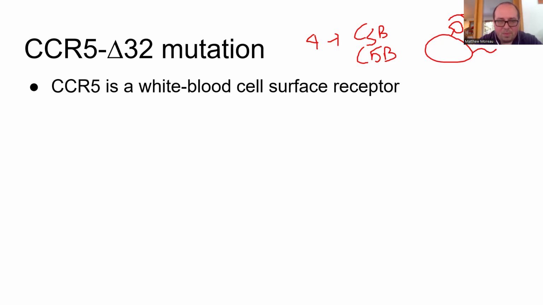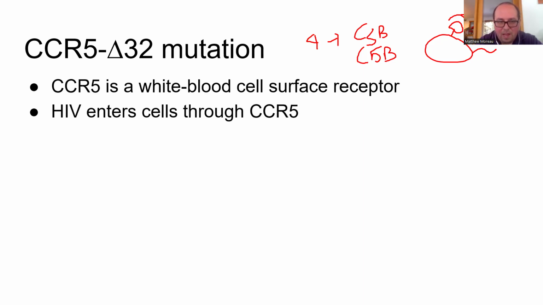And so lacking CCR5 is not great from the perspective of most infectious diseases, but for HIV, it's really important because HIV enters through CCR5. So if you have cells that lack CCR5, you're protected. Again, it goes back to this whole concept of fitness and resistance, right?